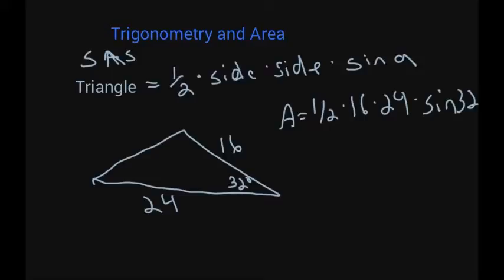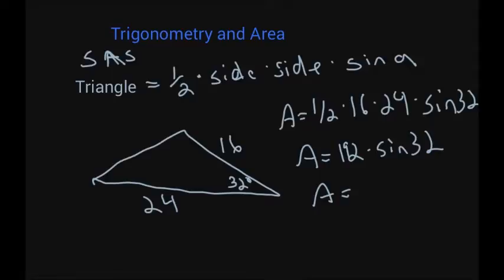So half of 16 is 8. And then 8 times 24 is 192 times the sine of 32. Make sure you're in degrees and type 192 times sine of 32.